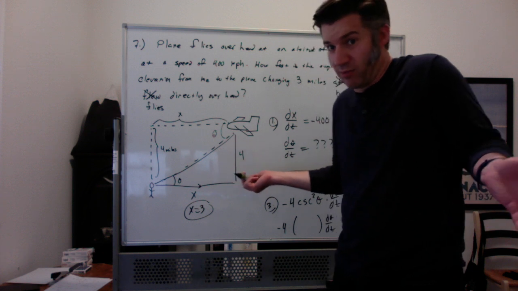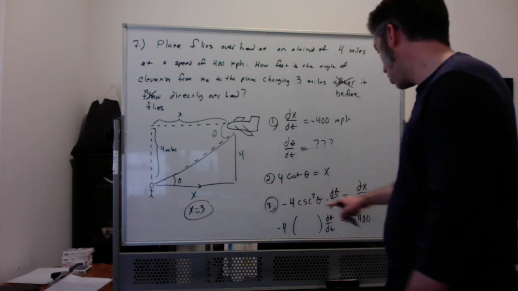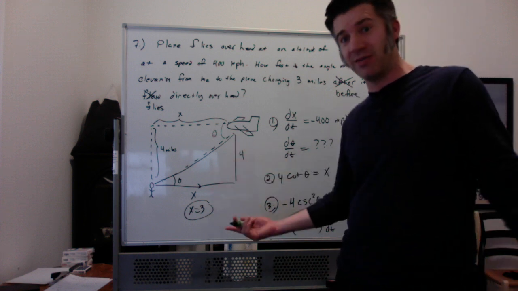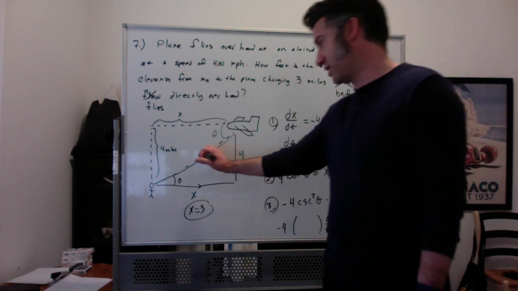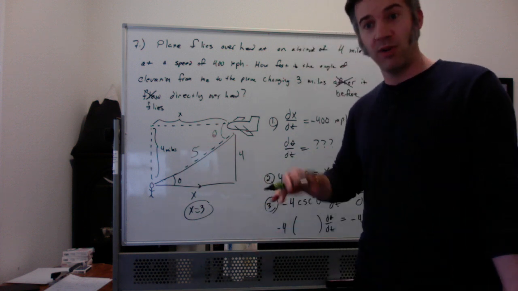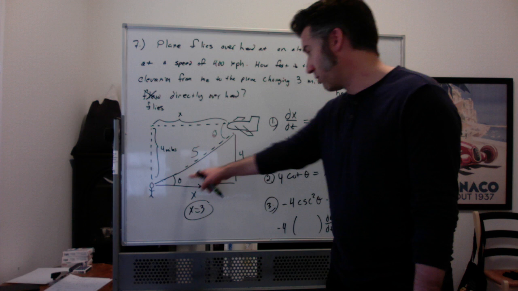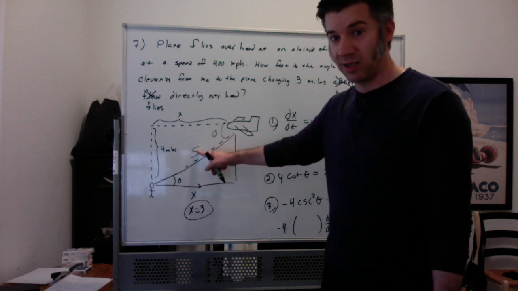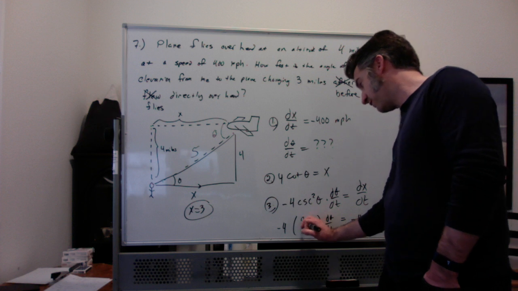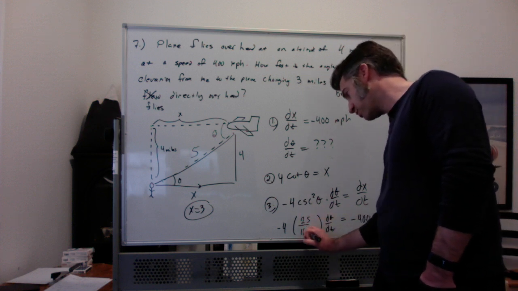It's not super important. Oh, I do need to know that side for cosecant. For cotangent would be fine. For cosecant, we definitely need to know this side. So this side is 5 miles. Cosecant is the reciprocal of sine. Sine of theta would be 4 over 5. So cosecant of theta is 5 over 4. So this is going to be 5 over 4 squared, which is 5 squared over 4 squared.